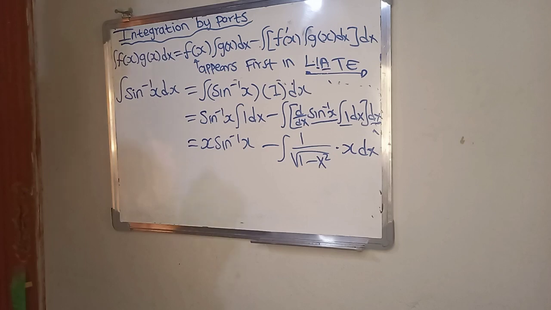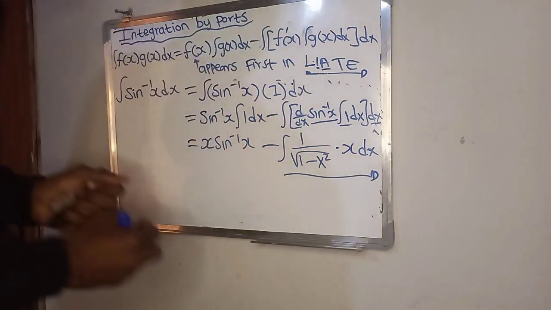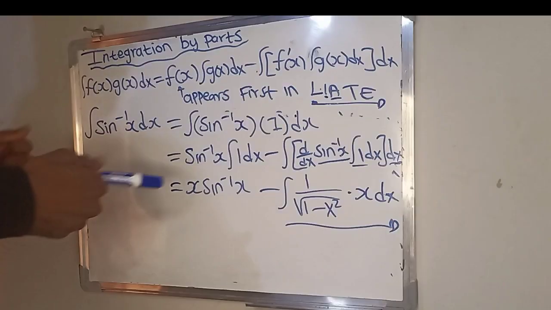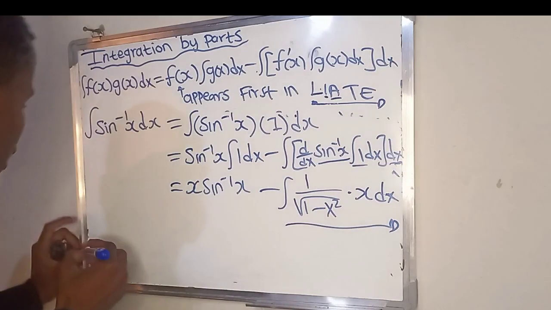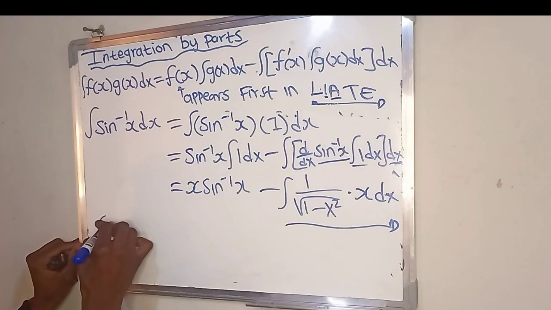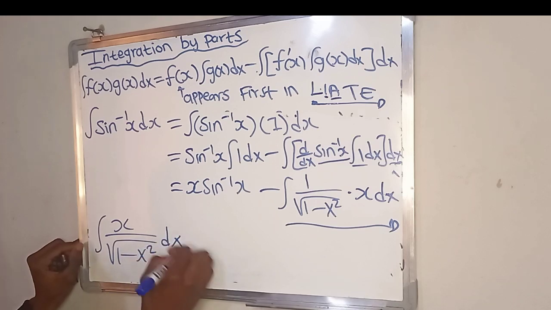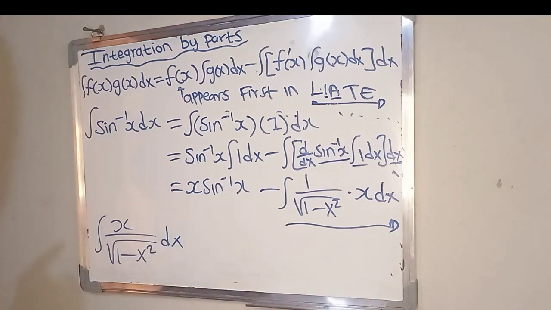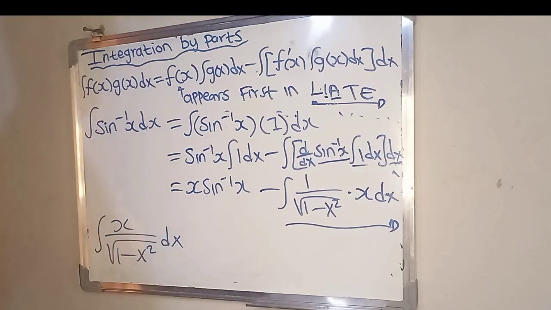But we still have to simplify this part. And for this part, we might use another method or use integration by parts. So let's see. I need to integrate x over the square root of 1 minus x squared dx. There are two other methods which I'm going to apply besides integration by parts, because it's going to complicate things for me.